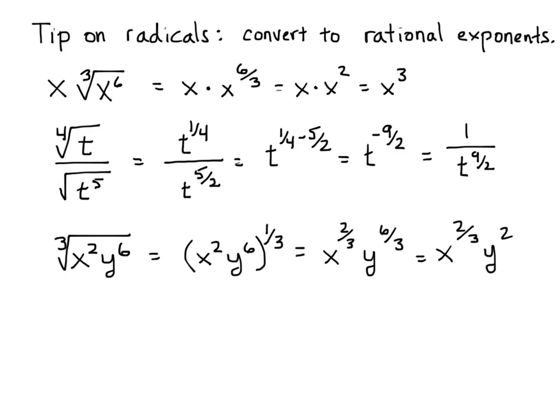I'd leave it like that, because if you restore that x to the 2/3, you're going back to the original expression. It's going to look like the cube root of x squared times y.